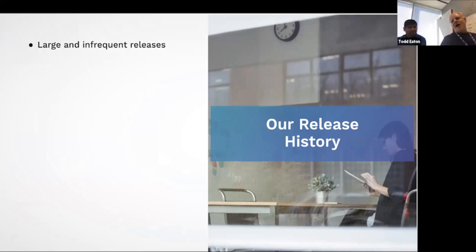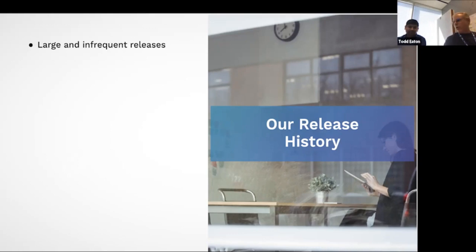We were a Java app on like 200 web servers, just doing these monolithic releases once every couple of weeks. And that's when I first came in, and it was a nightmare.